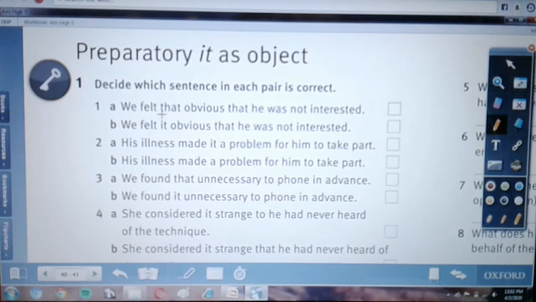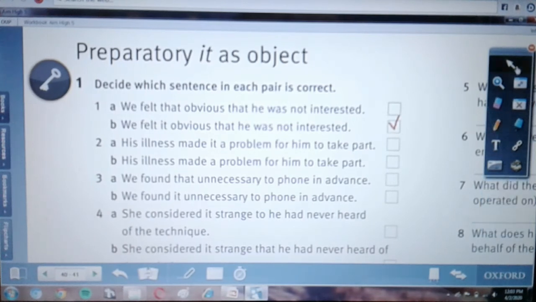The one with that, felt that obvious that, or the one that used it, felt it obvious that? I'll give you 5 seconds to think. 1, 2, 3, 4, 5. The one that you should think is B. Give a tick on this box.